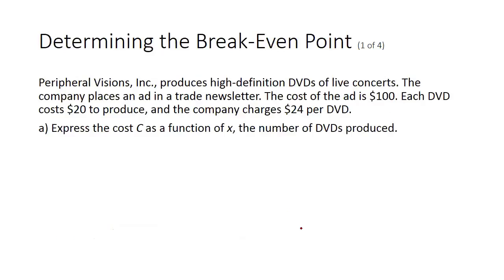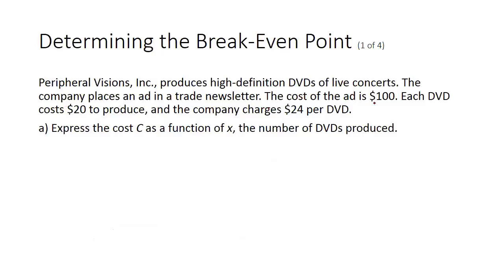So this is another word problem here where we can use the functions. Peripheral Vision Inc. produces high definition DVDs of live concerts. The company places an ad in a trade newsletter.